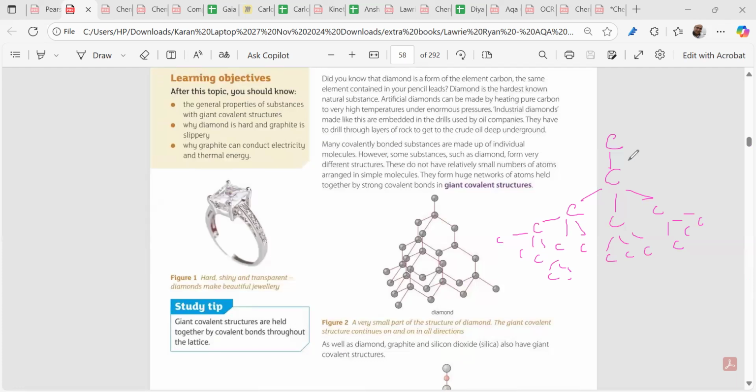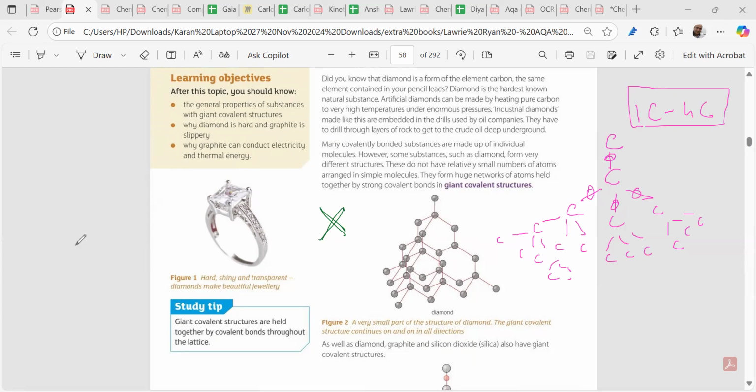You can write down 1 C, 4 C bonds. They have only covalent bonds, agreed. But does it have a fixed number of atoms as per the definition of molecules we learned? No, it does not. Because diamond will have infinite atoms. A small diamond, a large diamond, they will have a gigantic lattice structure.